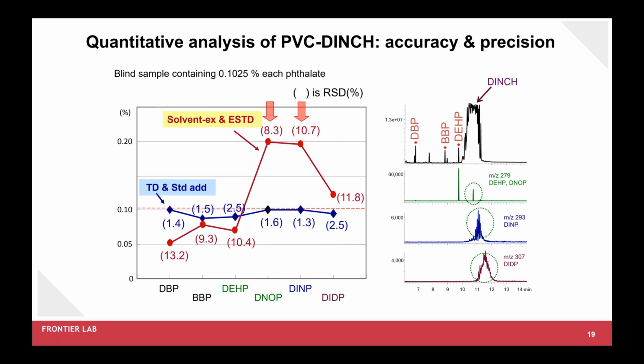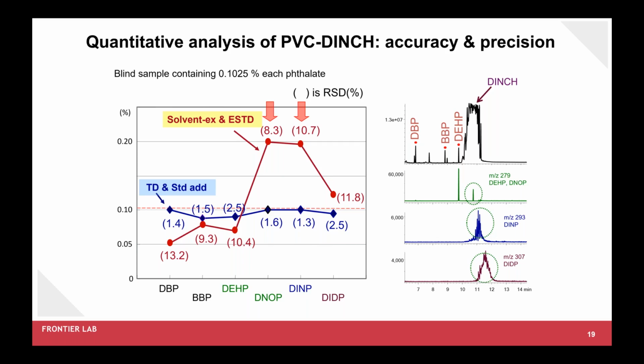And as shown in the ASTM figure here, when solvent extraction was used, phthalates such as DBP, BBP, and DHP had pretty high RSD and lower values than the theoretical value of 0.1%.